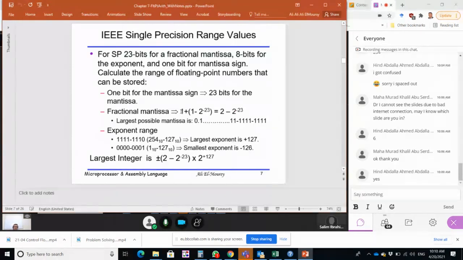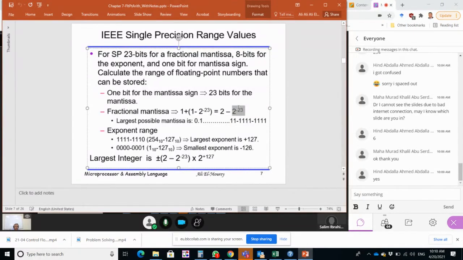So the fractional Mantissa value here is 1, which we always add, plus the value of this. What's the value of this? It is 1 minus 2 to the power minus 23. So the maximum fractional Mantissa ever is actually 2 minus 2 to the power minus 23.